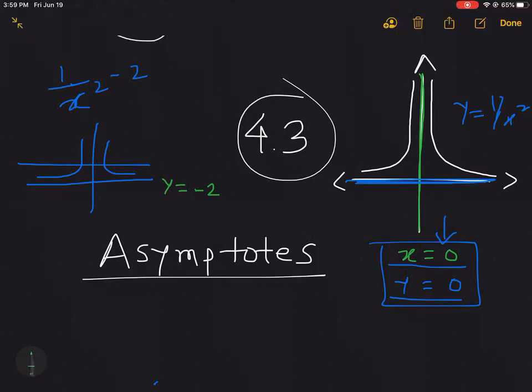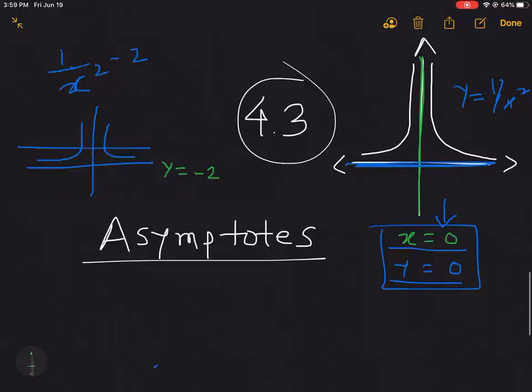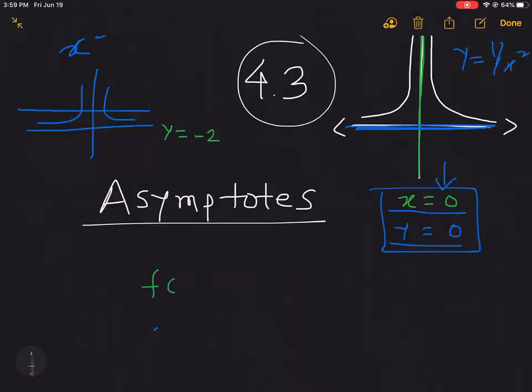Okay, no problem. So the reason is, now it will make sense hopefully. If you have a function like this, obviously I'm talking about rational functions, let's say a(x) over b(x), where a(x) and b(x) are polynomials.